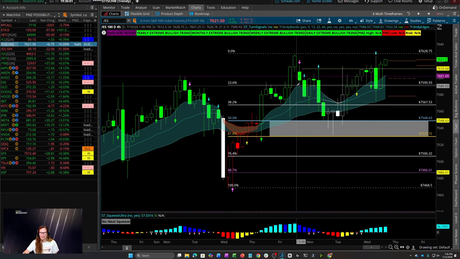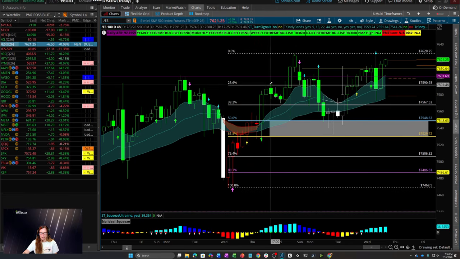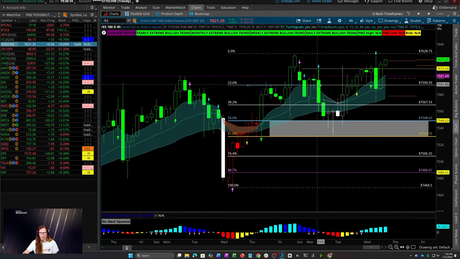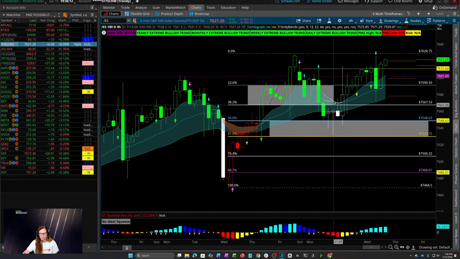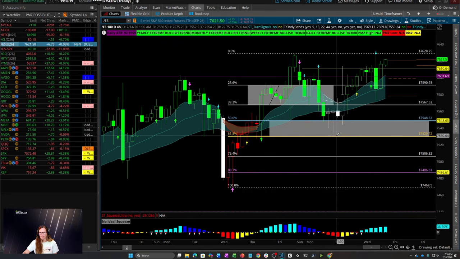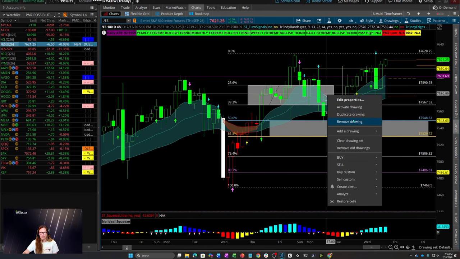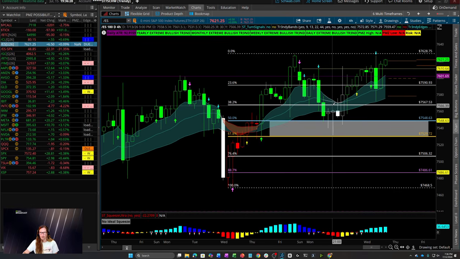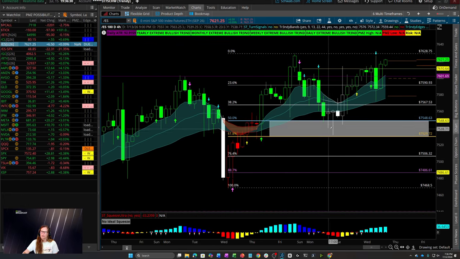In choppy conditions, my original zone that I would use in trending conditions did not work. And you can see that price did not respect that zone. In choppy conditions, price often does not respect the 23.6 to the 38.2, but it does respect the 50 to the 618.